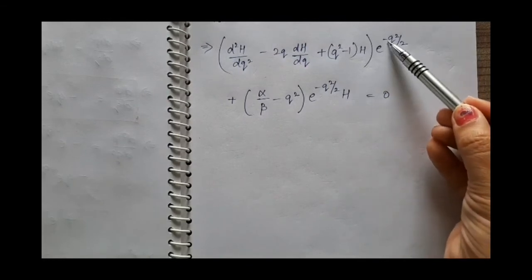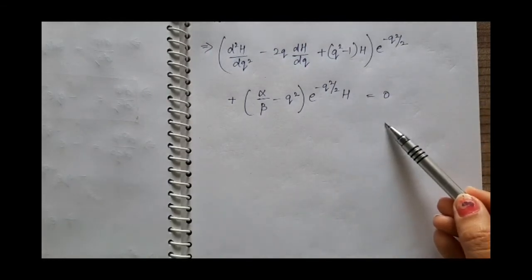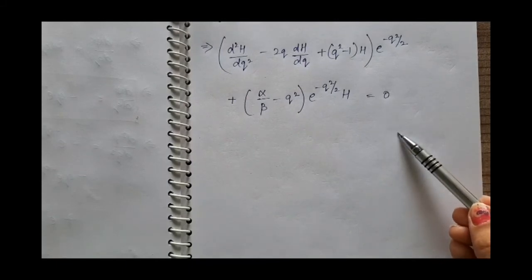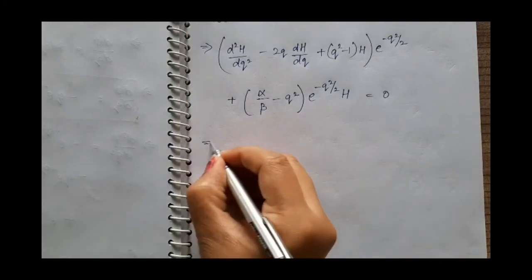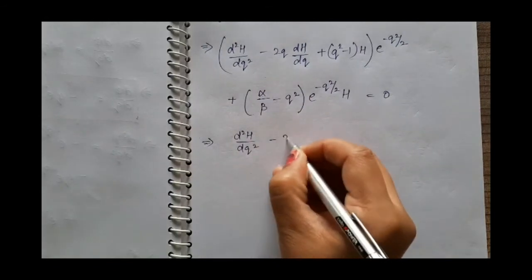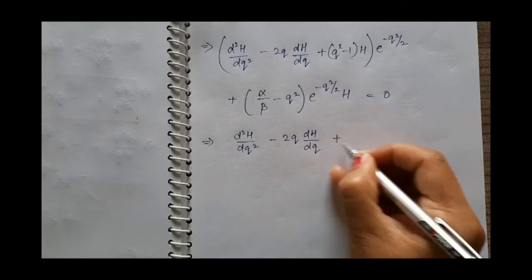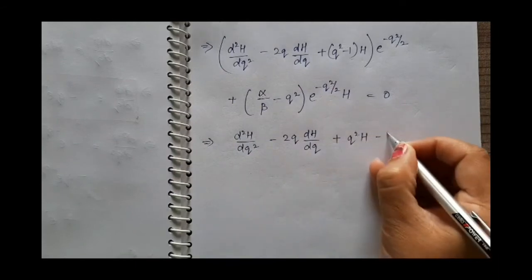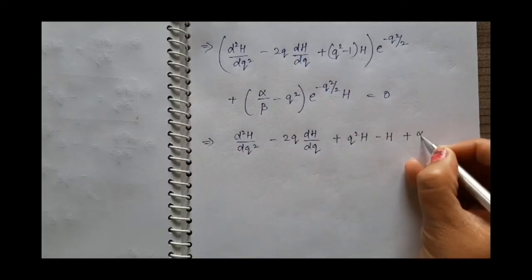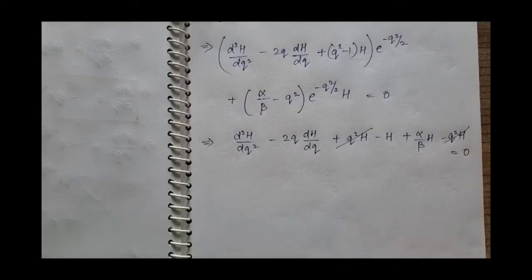Now this e raised to power minus q square by 2 is common, and when you take this term to this side, 0 divided by this will be 0. So we have d square h by dq square minus 2q dh by dq plus q square h minus h plus alpha by beta h minus q square h equal to 0, and this will be cancelled out.